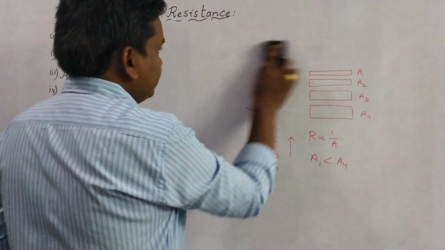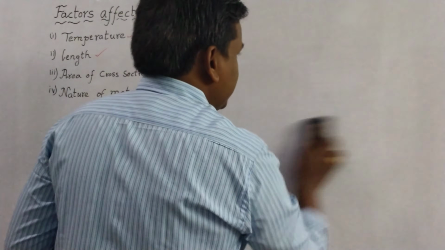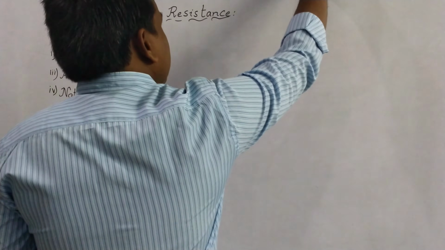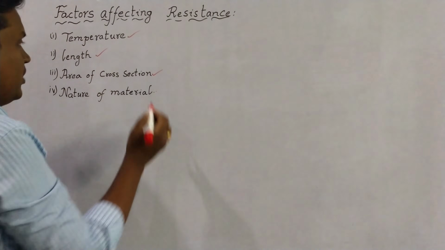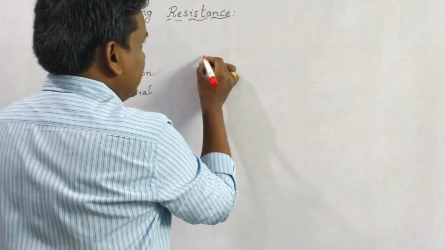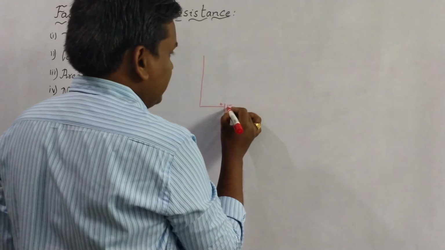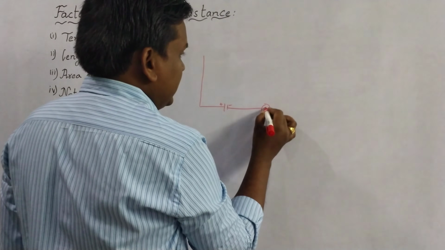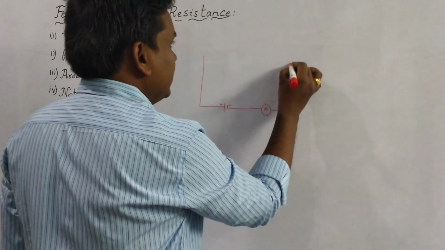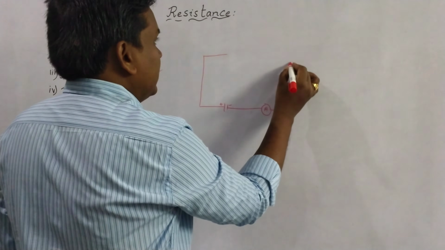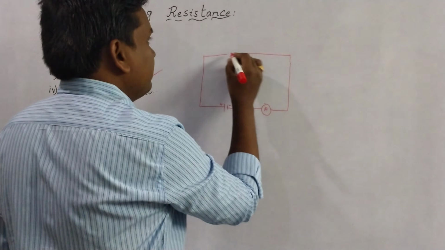And now coming to the nature of the material. For the nature of the material, what we will do is again consider a circuit having a cell, and here there is an ammeter to measure the current flow in the circuit, and again we will leave some gap here for the circuit.